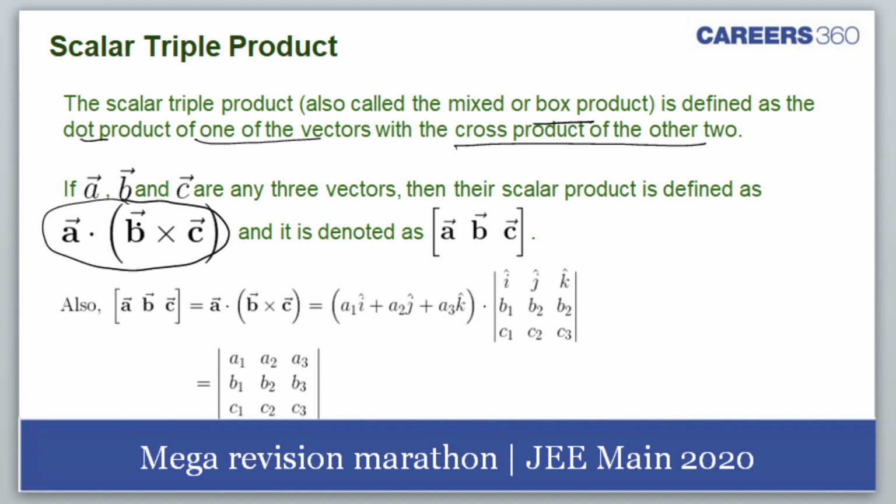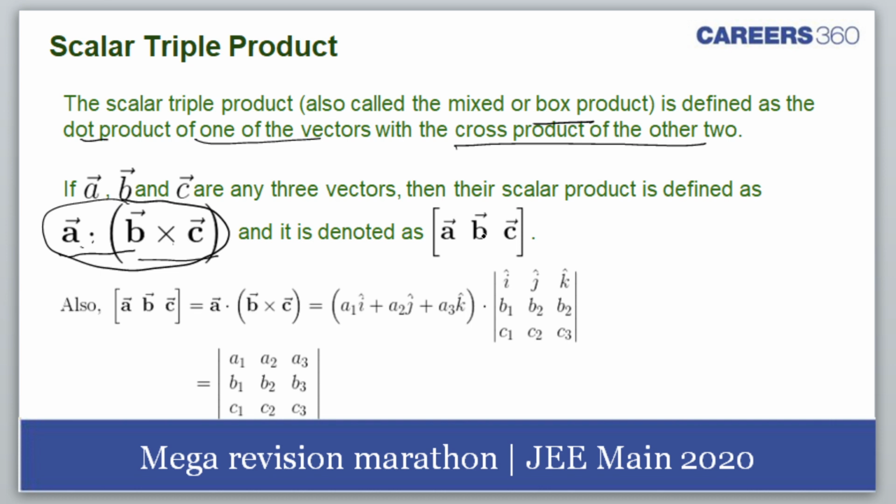So tell me, first, will you operate dot or will you operate cross? First you have to operate cross only, because then a vector would result, and only with that vector can you take a dot product. If you first do the dot product, then it results in a scalar, and a scalar cannot be cross multiplied with a vector.